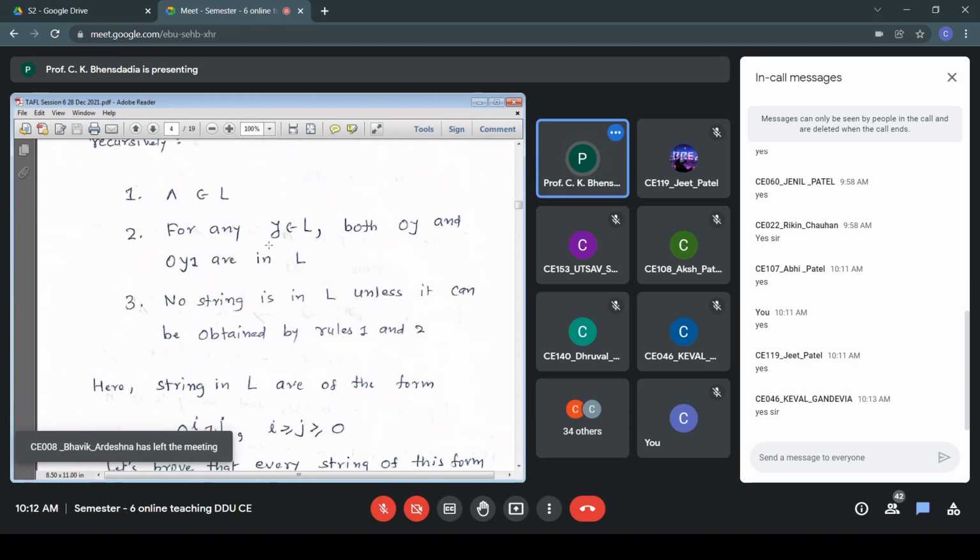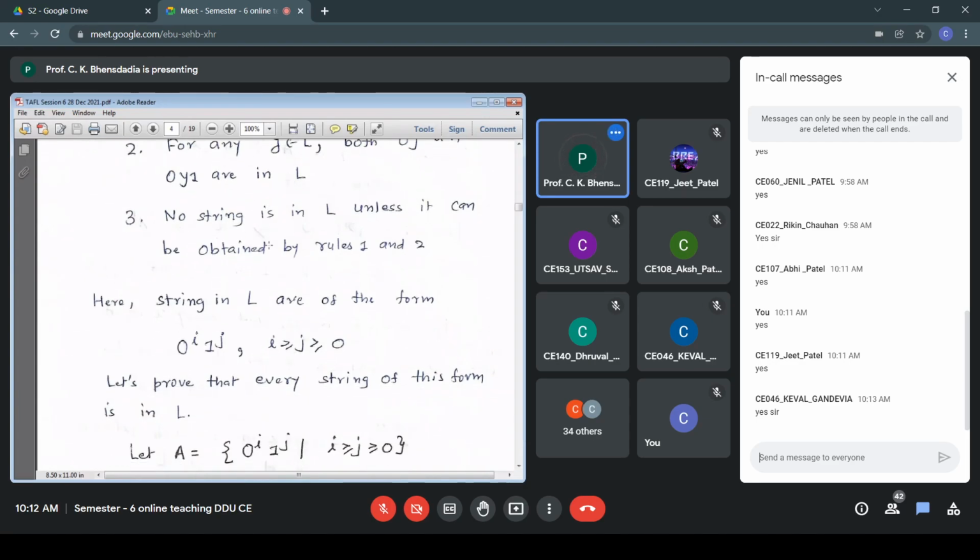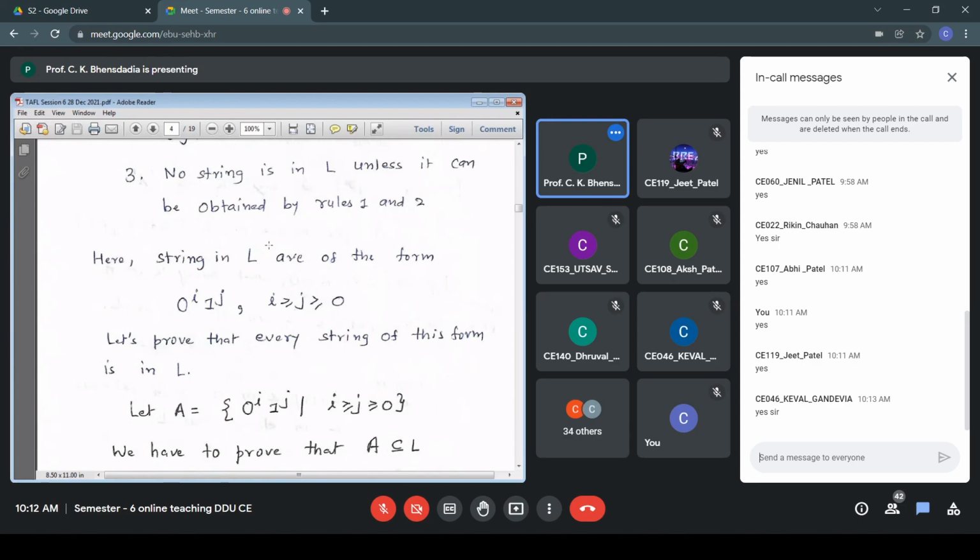I can show that here, because 0 raised to 0, 1 raised to 0 will be my null, and that belongs to A. Zero applications of rule 2 means x is null, and null belongs to A because this is 0 raised to 0 and 1 raised to 0.